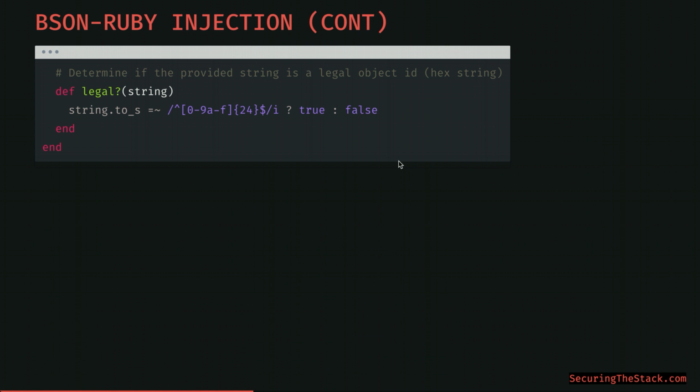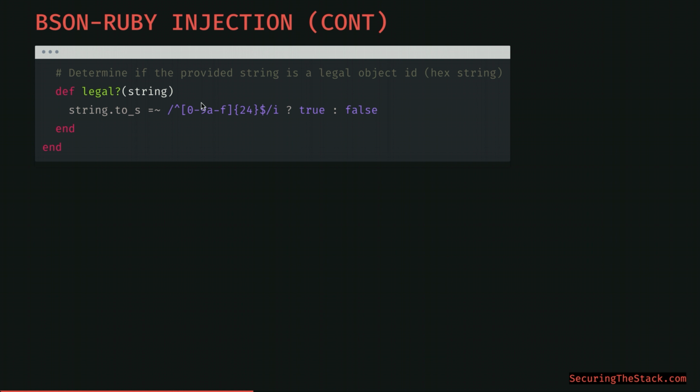All right, so let's see the validation logic that BSON Ruby was doing. This is the vulnerable implementation. Let's just back up a second. Let's assume that a developer is placing untrusted input into the creation of a Mongo object ID.